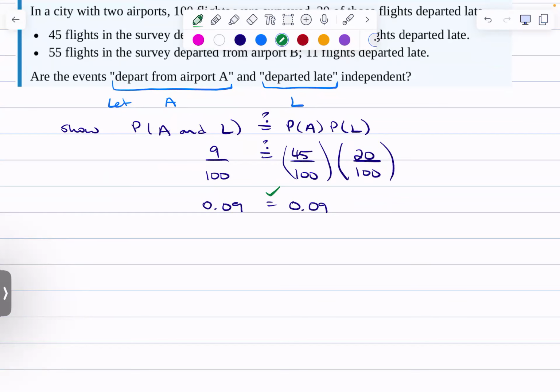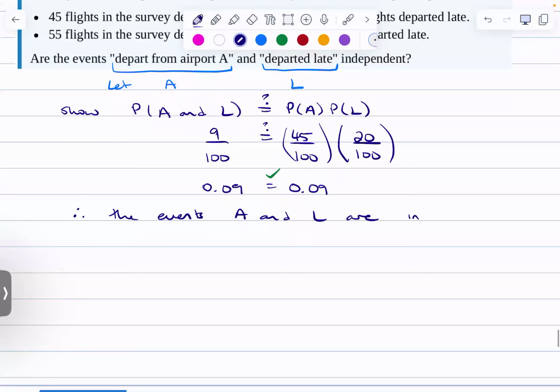Now, because they're exactly the same, then we can say that departing from airport A and departing late are independent events. Therefore, the events A and L are independent events.